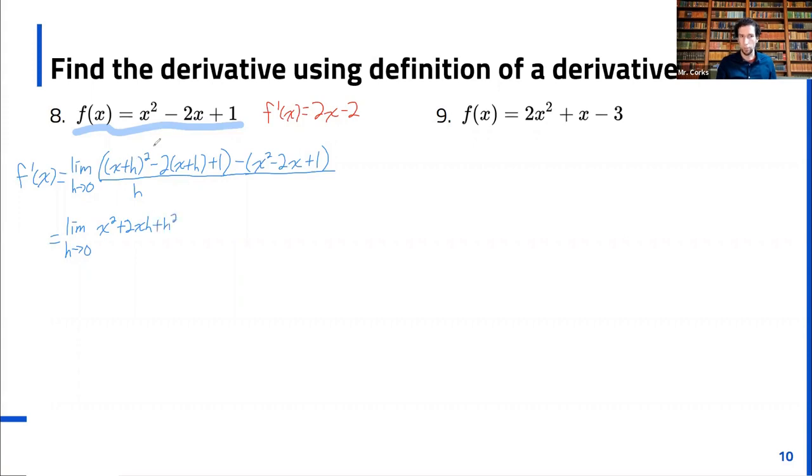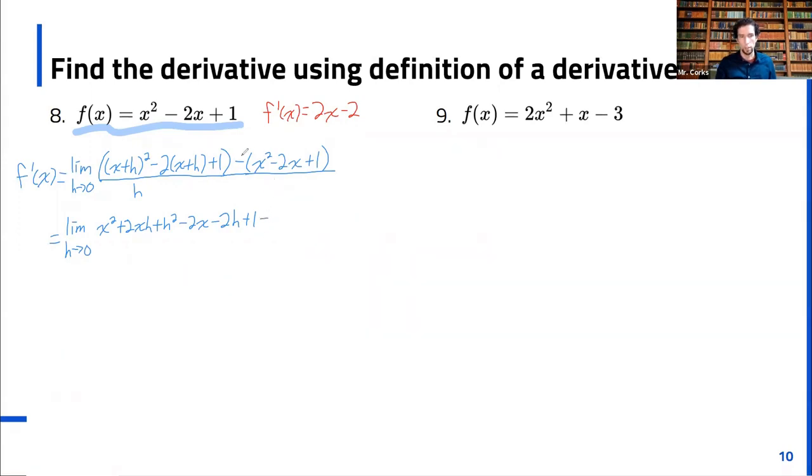So that's our x plus h squared expanded. Good. What's next? Minus 2x, minus 2h, and plus 1. Okay, that's the first part. That was the f of x plus h.